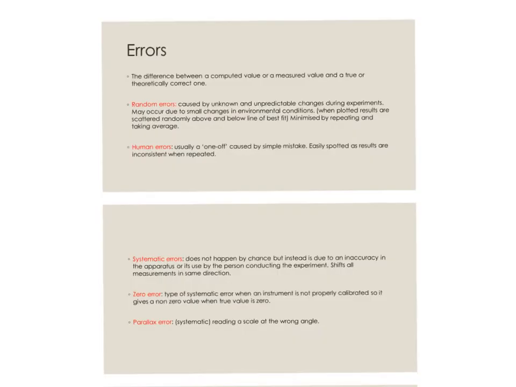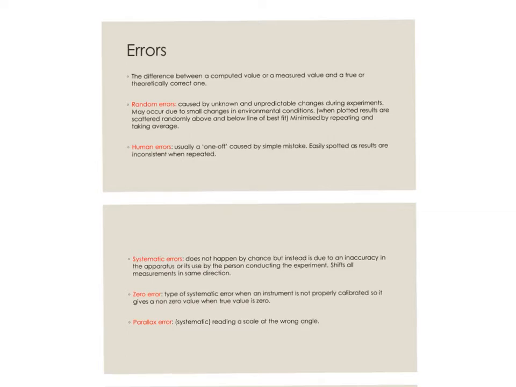Okay, so the first thing we'll start with is errors. An error is the difference between a computed or measured value and a true or theoretically correct one. In simple words, it is something that can occur that will cause your experimental value to vary from the actual accepted one.